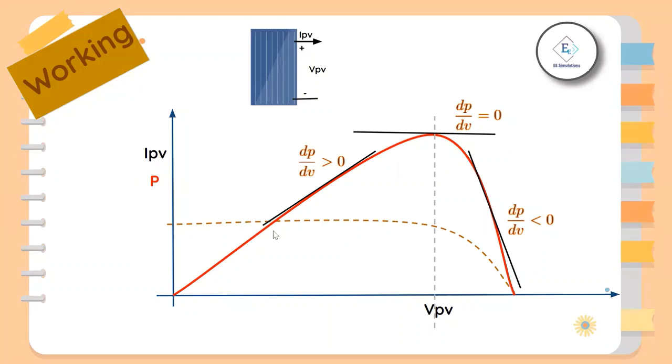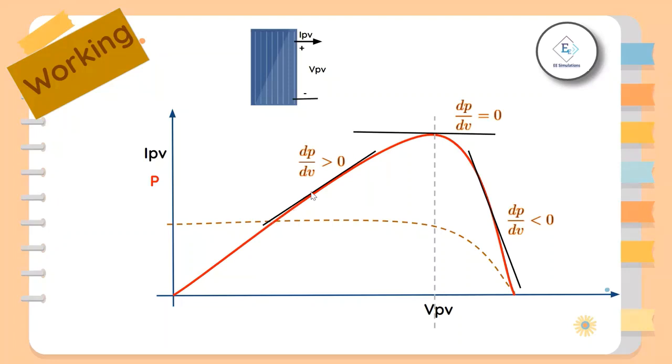As we know, if it is some function and we want to find the maximum value of that function, we will differentiate it, and when the slope equals 0, that point is called the maximum point. Same thing we will do here. We differentiate this function, and we can see that the change in power with respect to voltage is equal to 0 at this point.